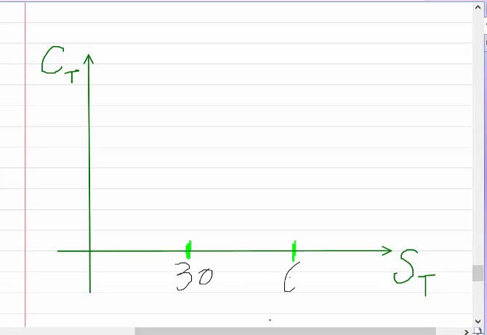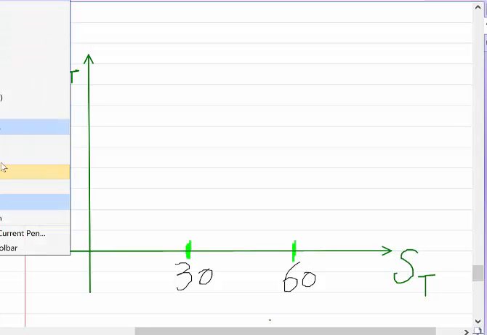30 or 60. That's the binomial price, right? Just 2 points. For the call option, right? For the call option payoff at the expiration, what do we have? It's either 0 in the down state.